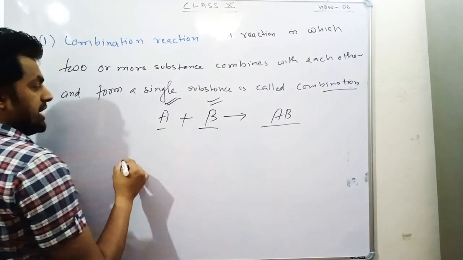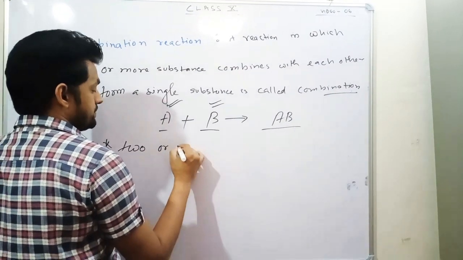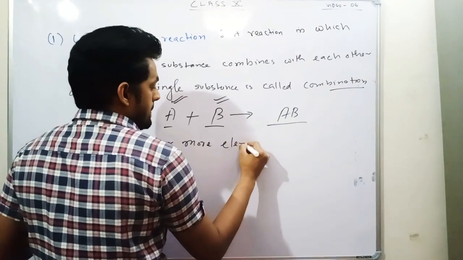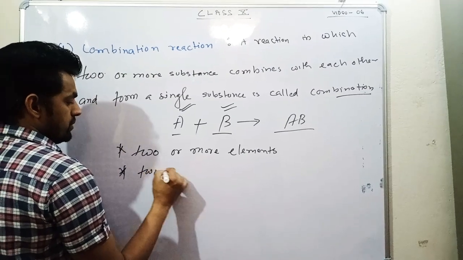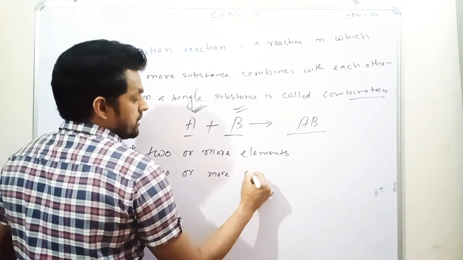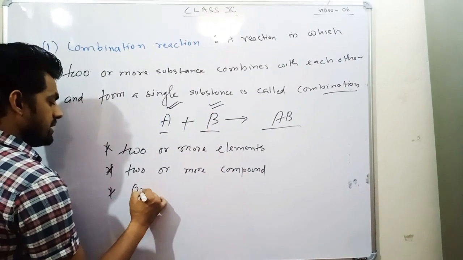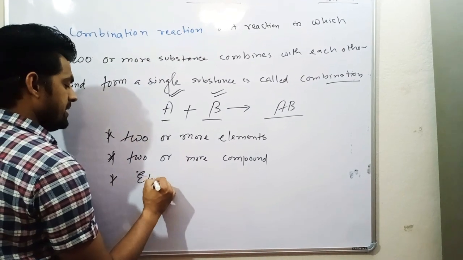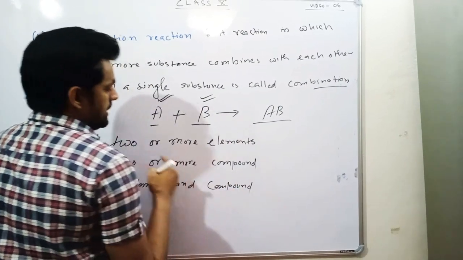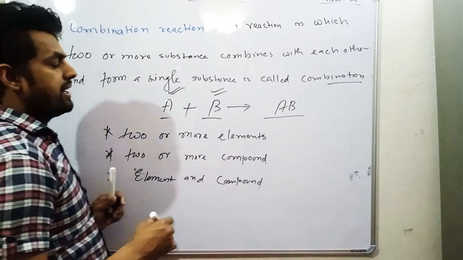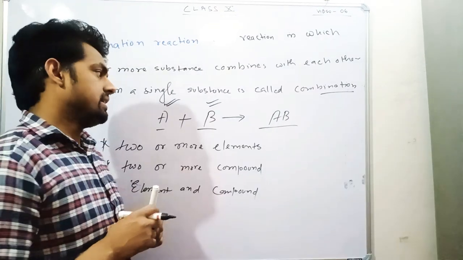Reactants, which are two, might be two or more elements, two or more compounds, या फिर एलिमेंट एंड कंपाउंड. These will combine with each other and form only a single substance. That kind of reaction is known as combination reaction.